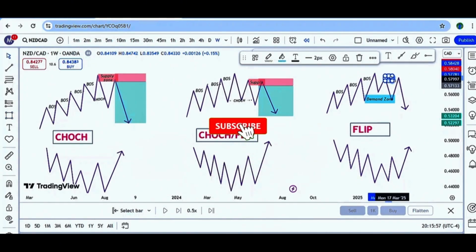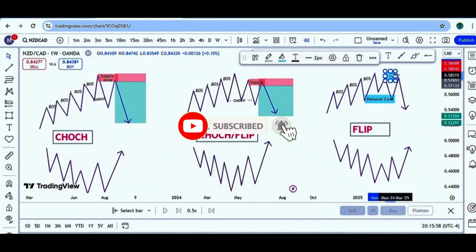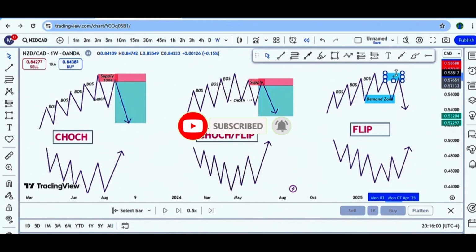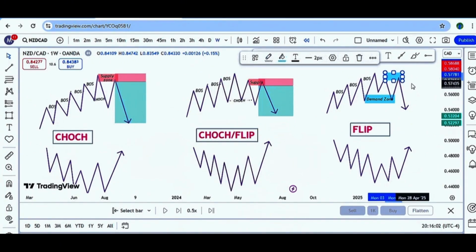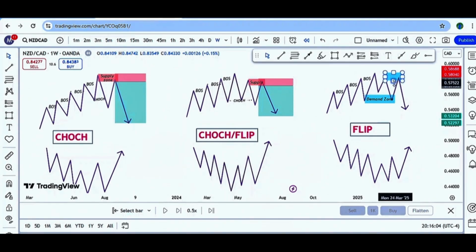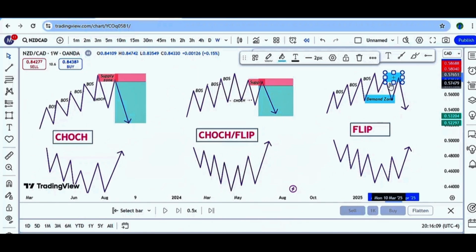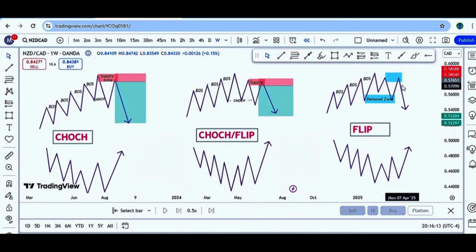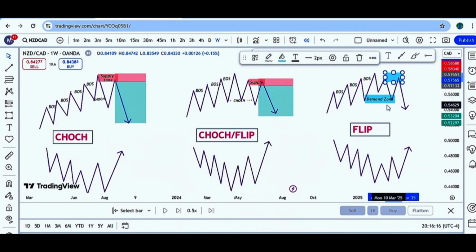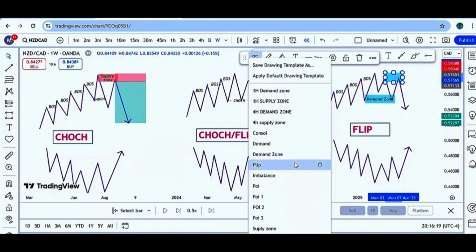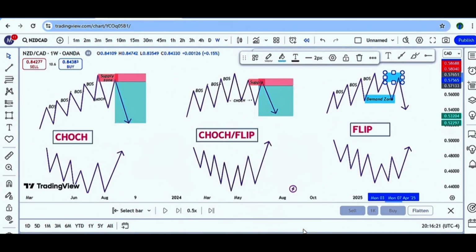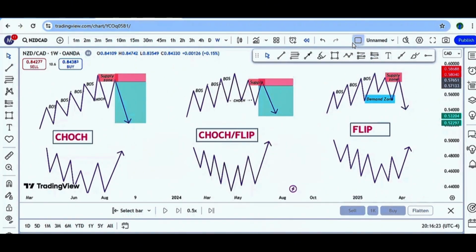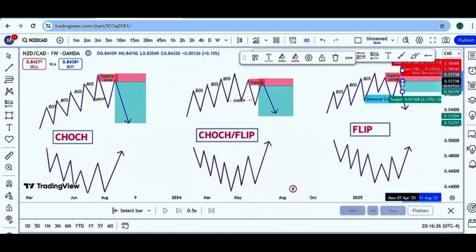That is why I don't normally use this flip zone. I use the choke slash flip. So when we see this kind of market, we wait for the supply zone to be mitigated. When the supply zone is being mitigated, we execute our trade.